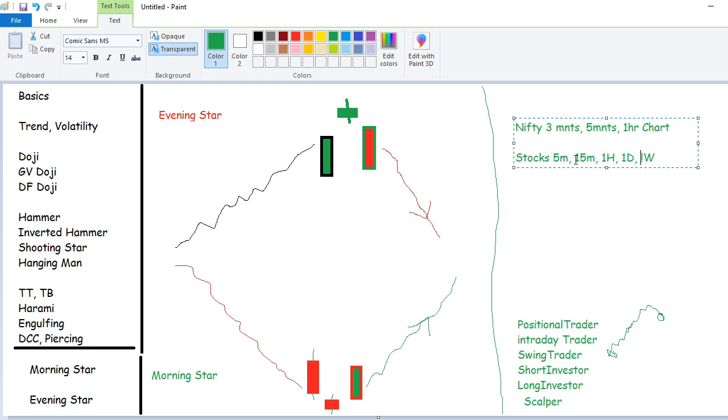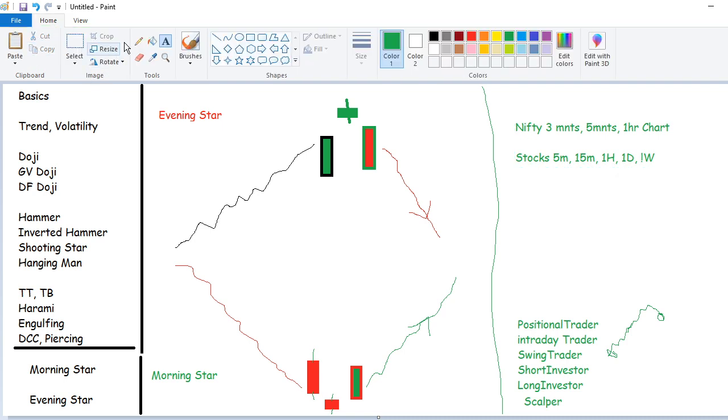Okay. And before closing this candlestick topic, I just want to repeat one more thing which I already explained. Let's suppose you have seen a green candle. That is good, it is bullish, right?